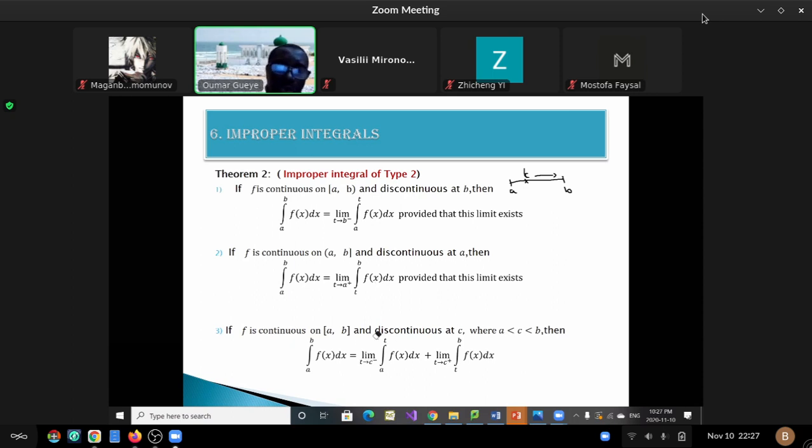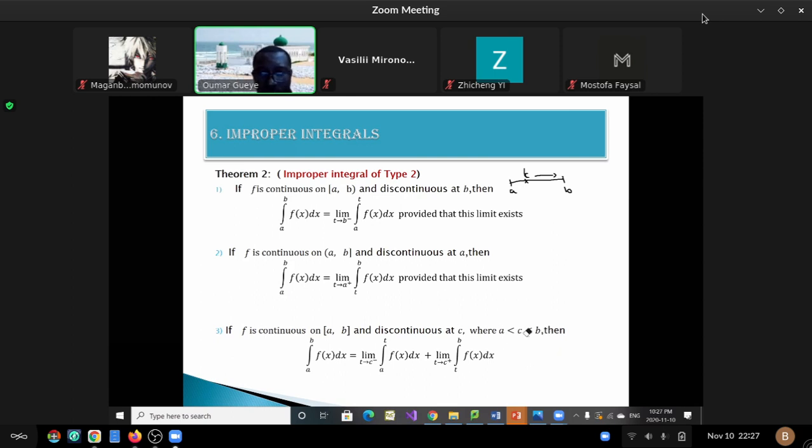And the last possible situation is that the function is continuous everywhere inside this interval except at a point C, which is somewhere between A and B. C is not equal to A, it's not equal to B, but it is somewhere in between.